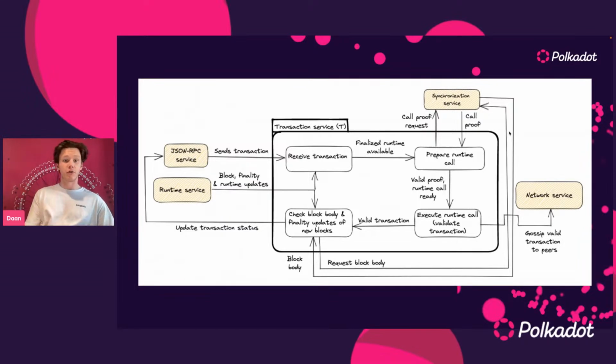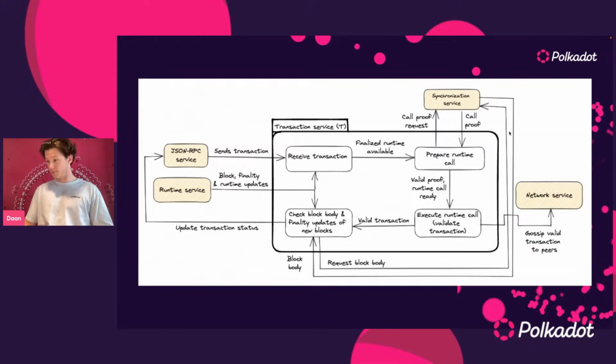So if we execute a runtime call, and during this execution of this extrinsic we need to read values in the state, we don't have those. So before we execute a runtime call, we send a call proof request, which then these peers will provide us the values within the state that we will need during the execution of the runtime call, and again provide it with a Merkle proof so that we can verify whether this is actually the true data.